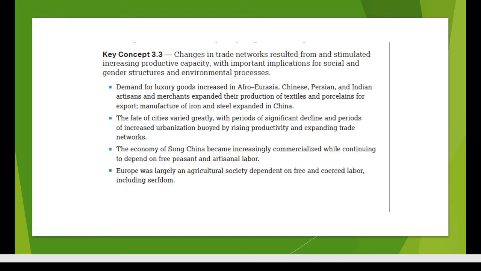Mongols destroyed Baghdad, for example. Free peasant agriculture in China. Fun fact, serfdom exists in Europe and Japan at the time.